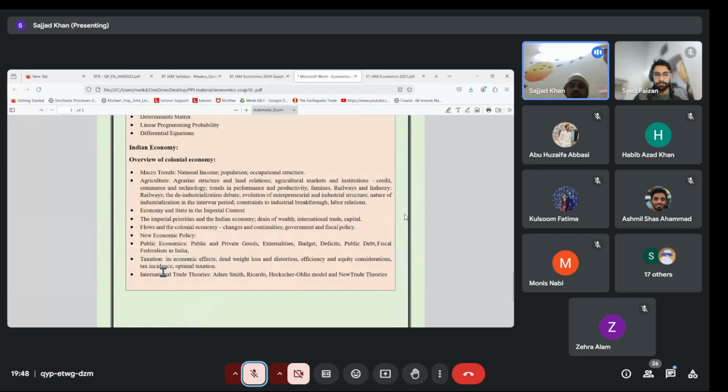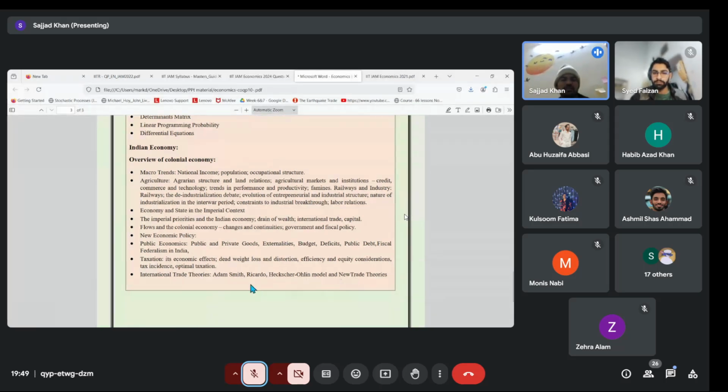Next is international trade. I think for the students who opted for international trade in the fifth semester, it is very easy to tackle all these theories like the Adam Smith theory and the Heckscher-Ohlin model. Only basic questions will be asked. Go through Adam Smith's theory, Ricardo's theory, like what is the opportunity cost, and which theory was given by which economist. The Heckscher-Ohlin model is very well known in international trade.